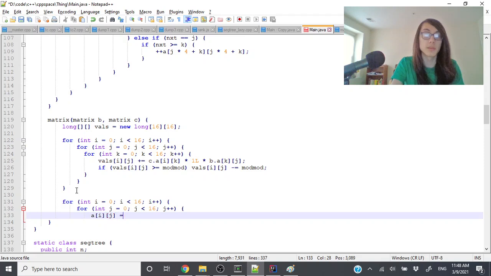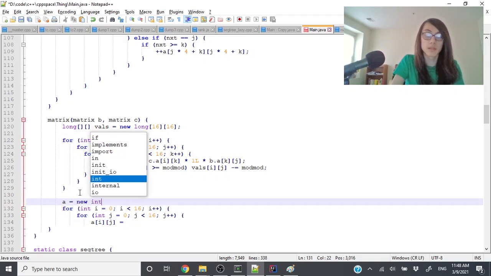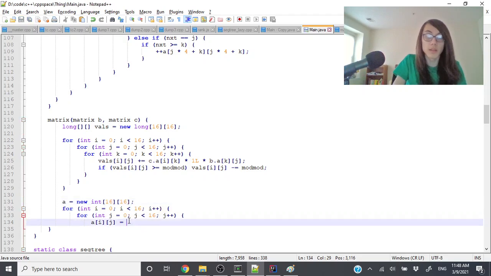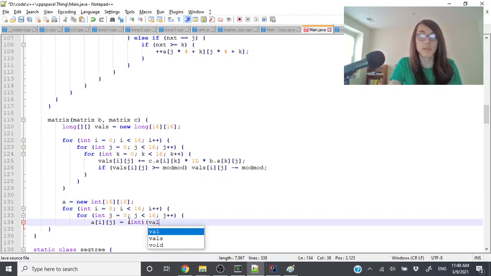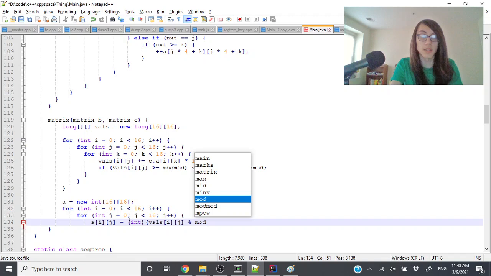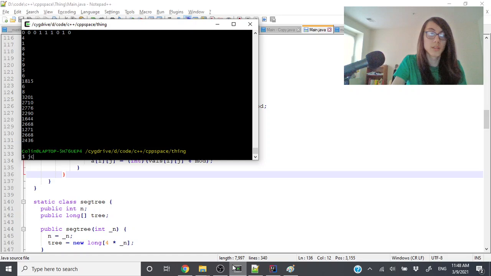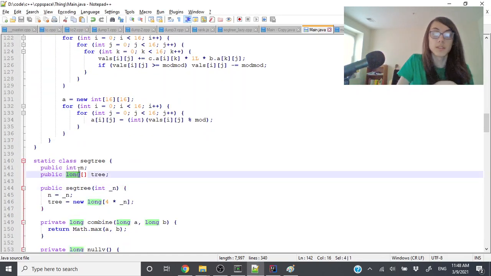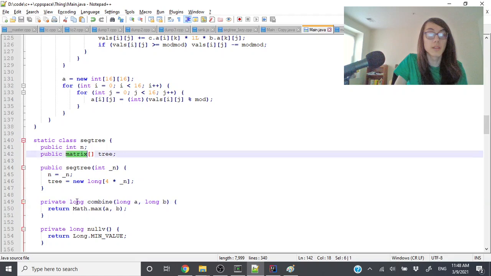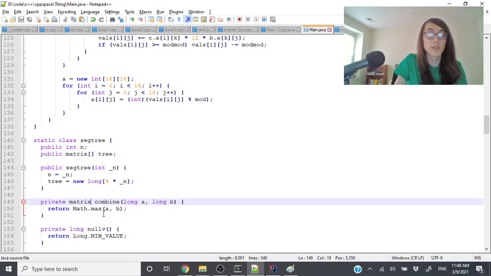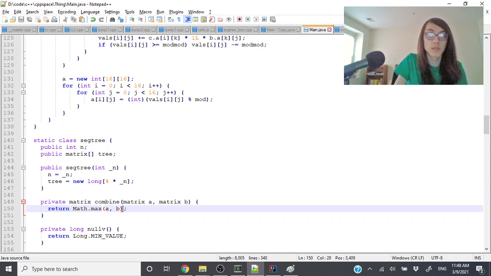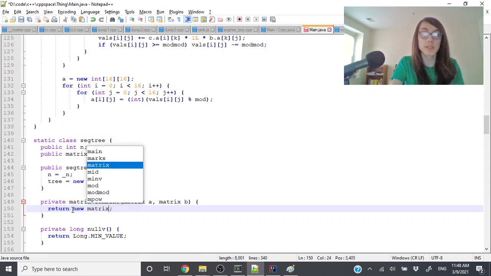Aij equals int vals ij mod. Okay, so this is a matrix now. It's an array of matrices. New matrix AB.